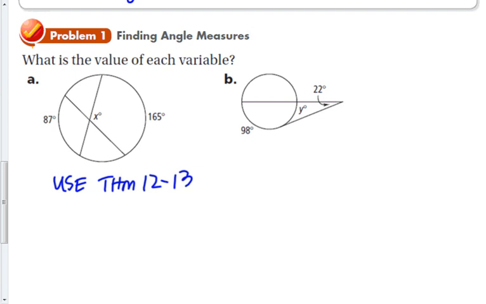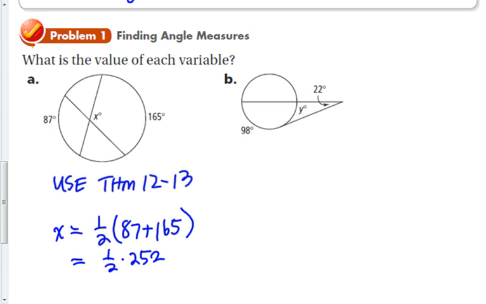So x is equal to 1/2 of 87 plus 165, and that's equal to 1/2 of 252, which is 126.